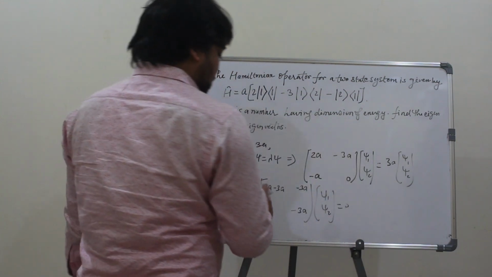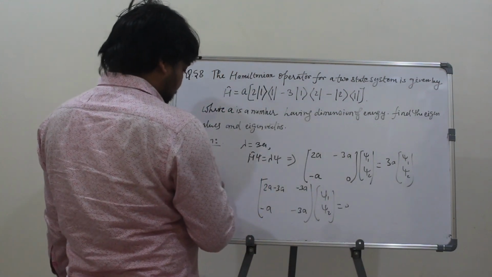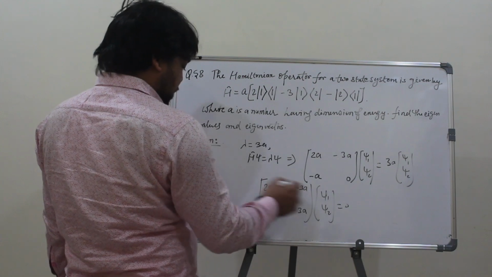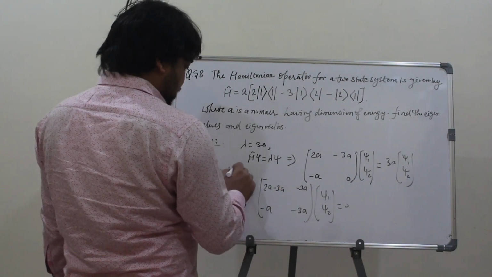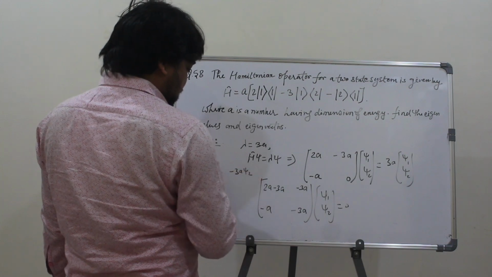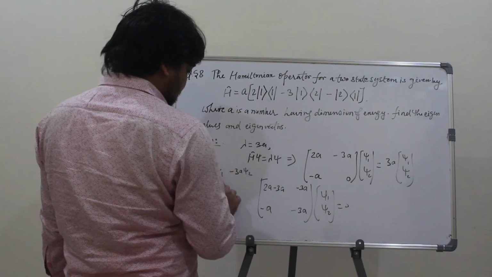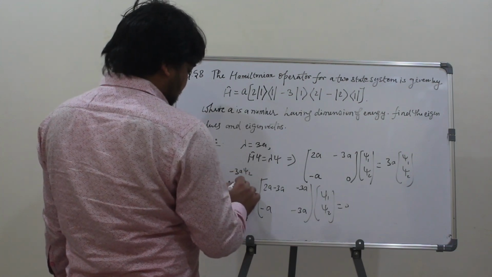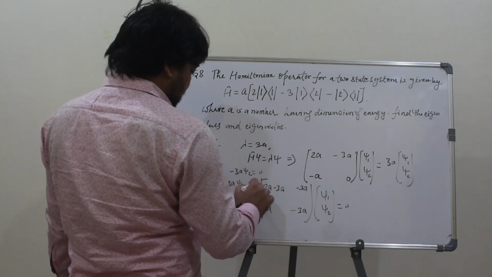So it gives you minus a psi 1 minus 3a psi 2 and minus a psi 1 minus 3a psi 2 equals 0.